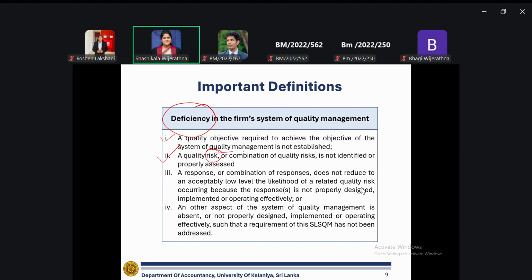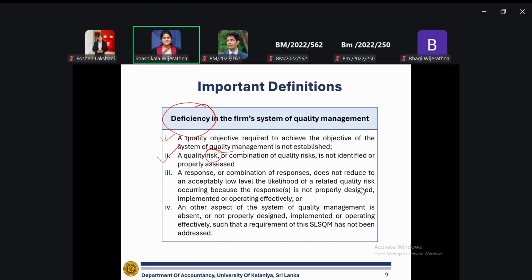So what do we mean by a quality risk here? It is a risk that has a reasonable possibility of occurring and also can adversely affect the achievement of quality objectives.